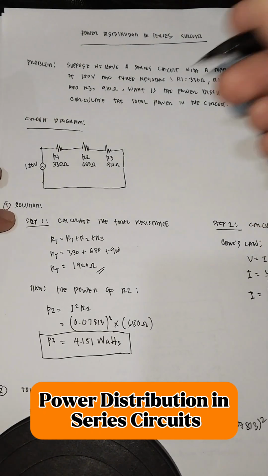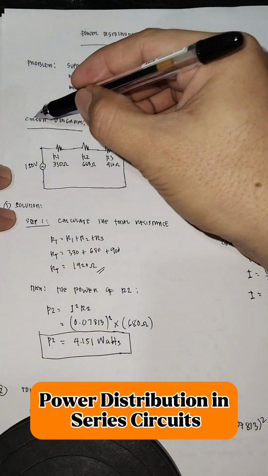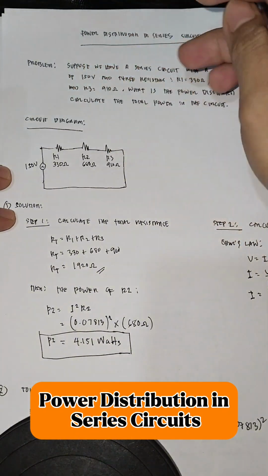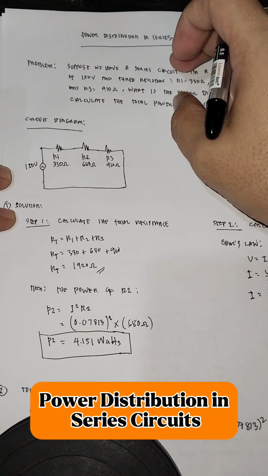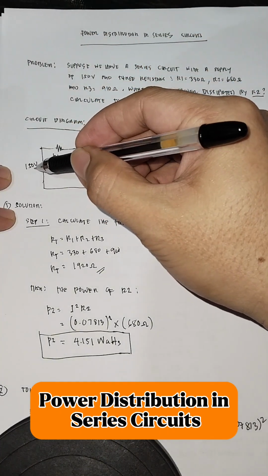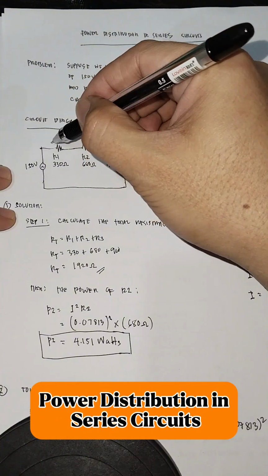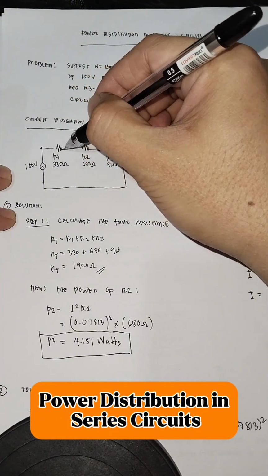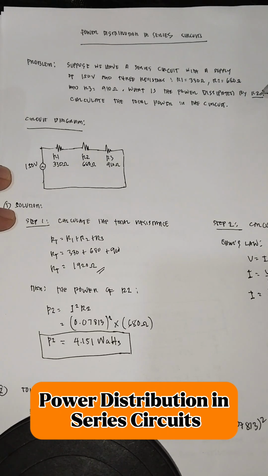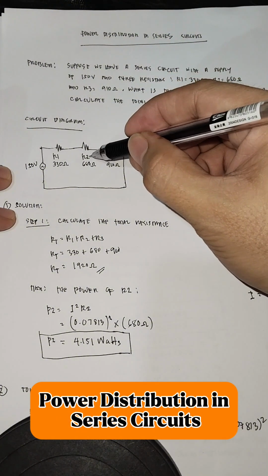Okay, so this is the circuit diagram of this problem. We have 150 volts and 3 resistors in series, and we are asked here what is the power dissipated by the R2 resistor.